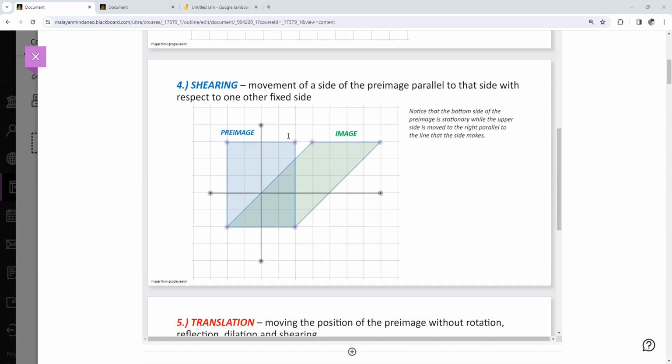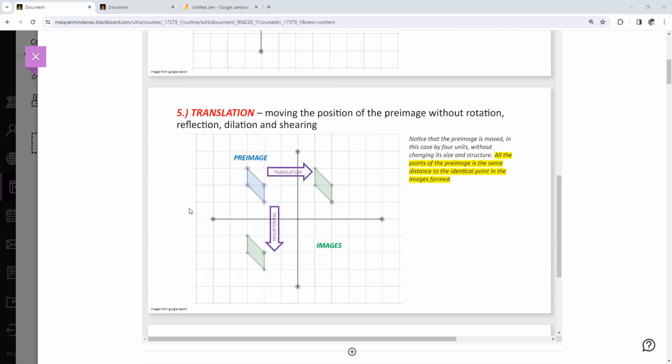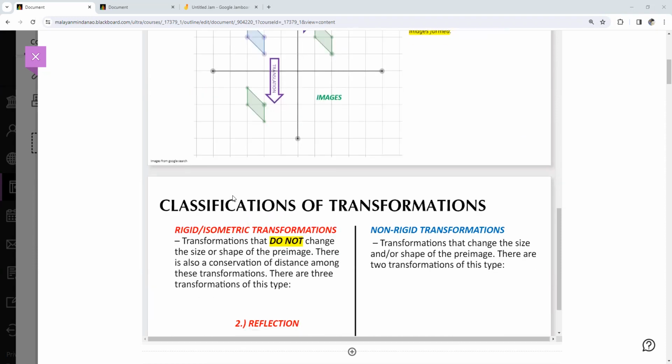So as you can see here, the pre-image is a rectangle, but since we fix the lower side and we move only the upper side, the image is no longer a rectangle, but is a quadrilateral. Translation is when you simply move the position of the pre-image, but you're not rotating it, reflecting, dilating, or shearing. So the shape and the orientation stays the same.